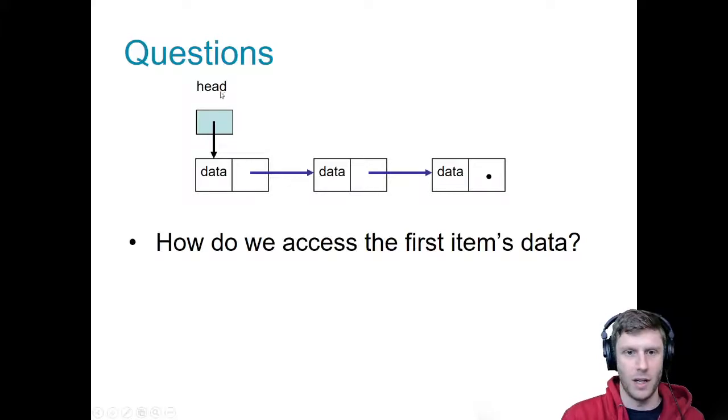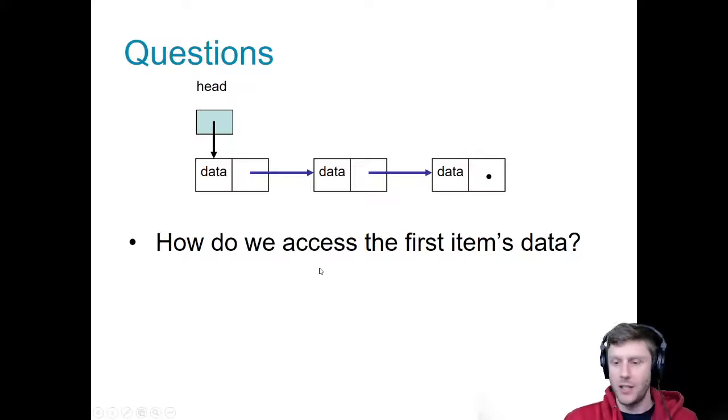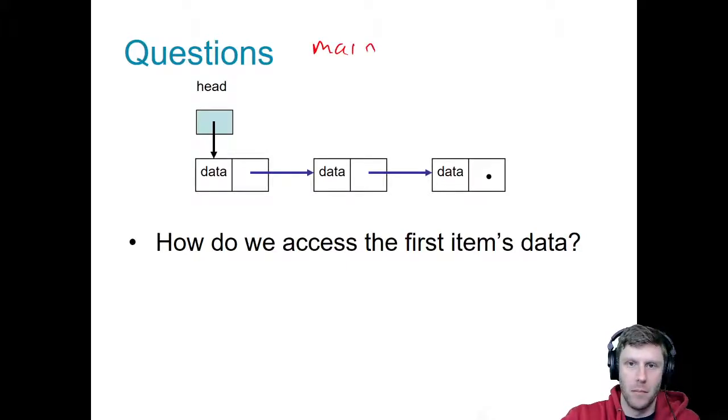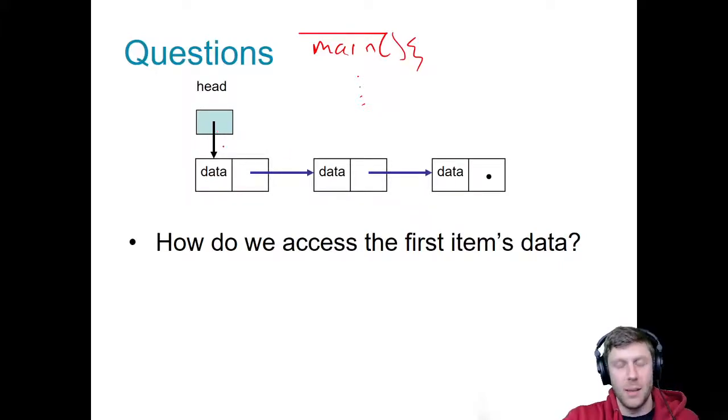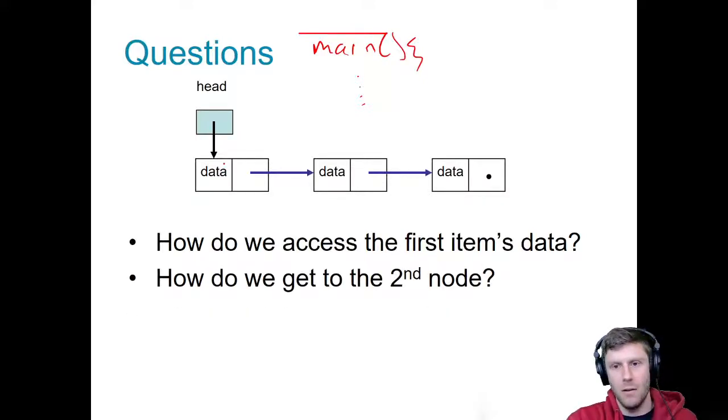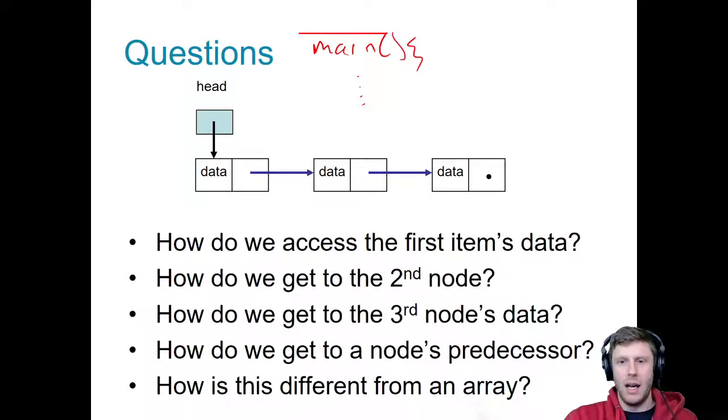So here's a question for you. How do we access the first item's data? Okay, so when we think of head, imagine head is in our main. And then we have the variable head that is a pointer to the first node, the head node. How do I get this data? Does anyone have any ideas?